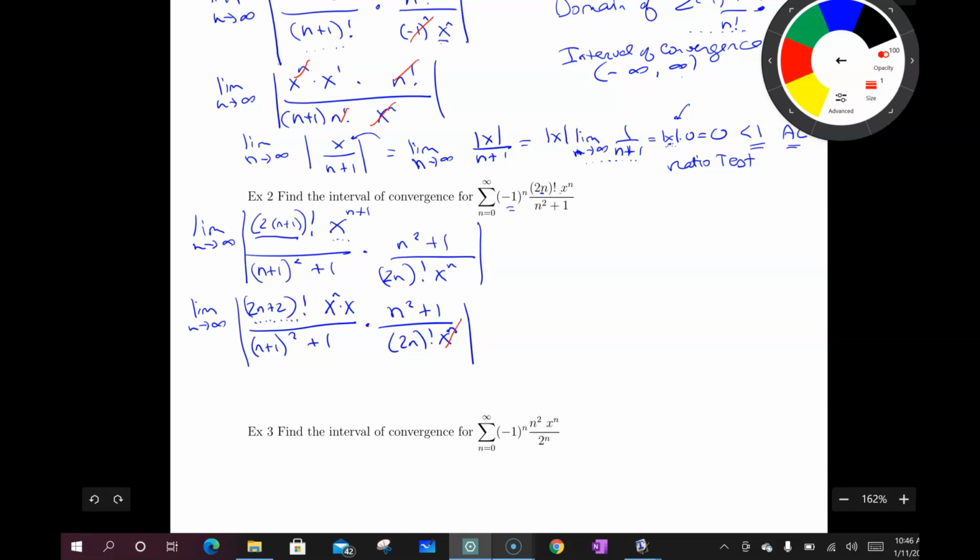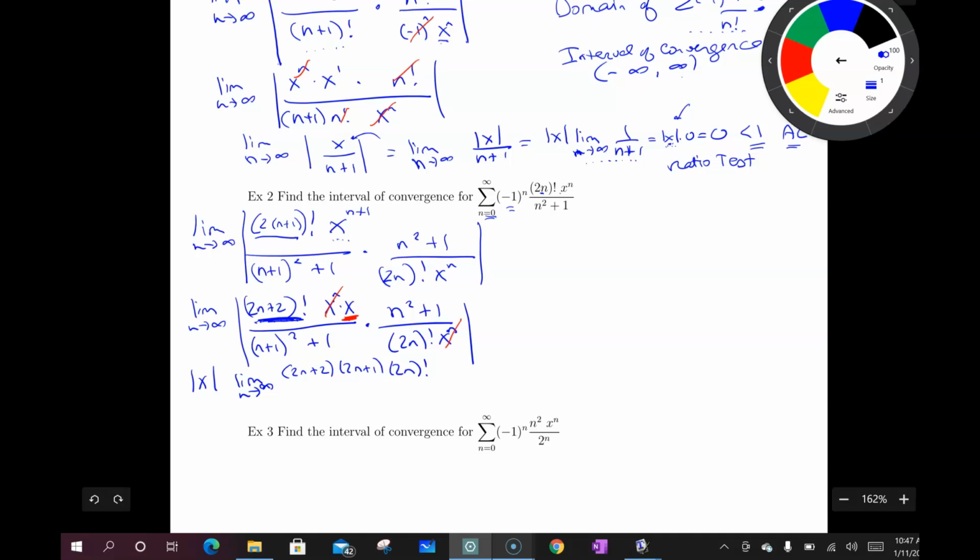So I can cancel the x to the n's, correct? And then I have one x left over. So I'm going to take the time to pull that one absolute value of x outside. Remember, all the n's are going to be positive, so I don't need to write absolute value bars anymore, right? N's are always positive. So now I'm going to write out what this is broken down, which you've had practice doing already.